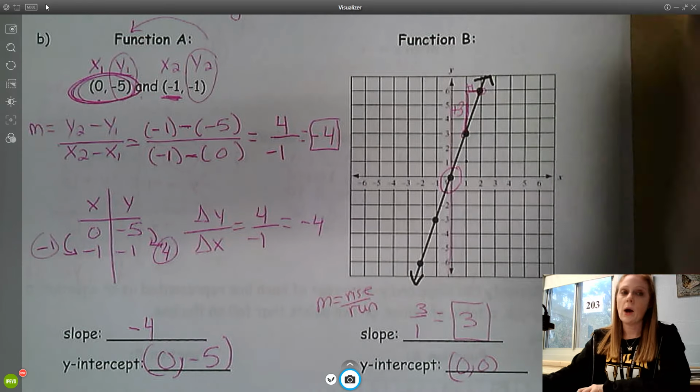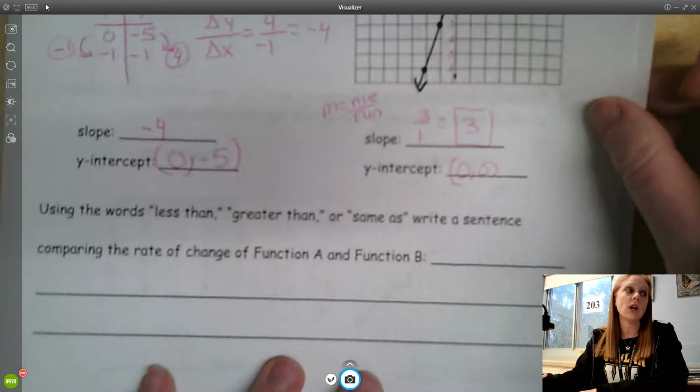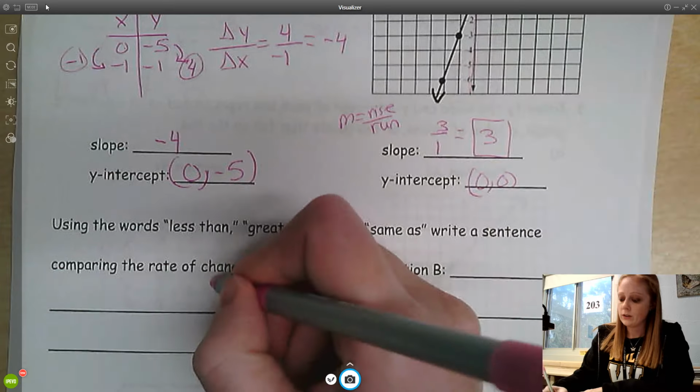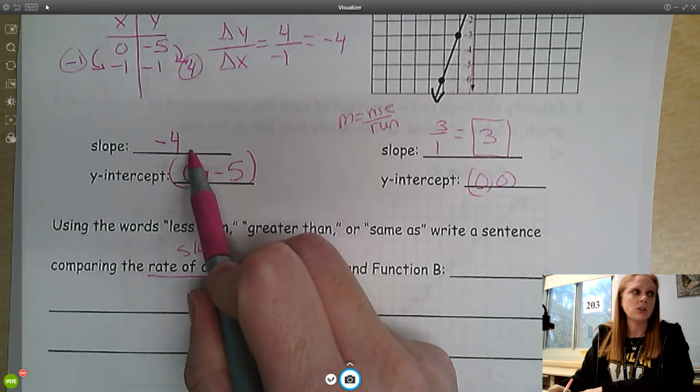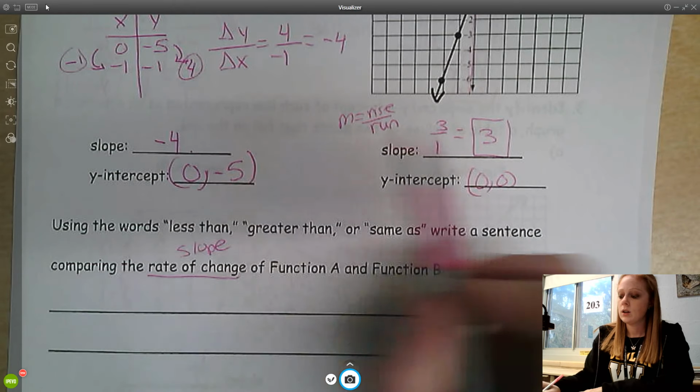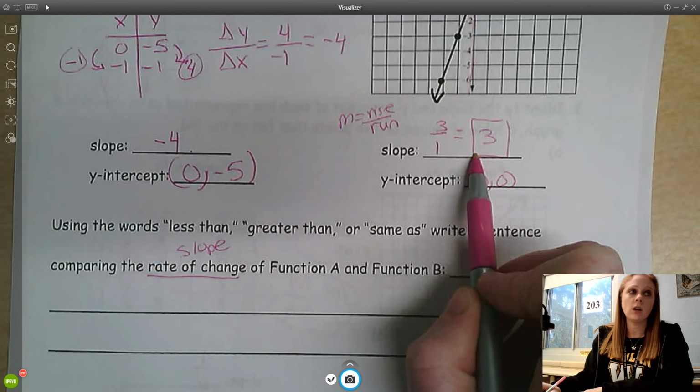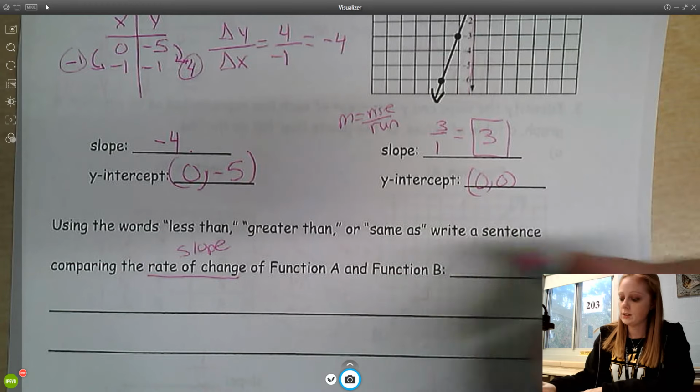Okay, now I need to compare these two, the rate of change. Rate of change is the same thing as slope. My slope of function A is -4. My slope of function B is 3. Which one is greater? So let's see.